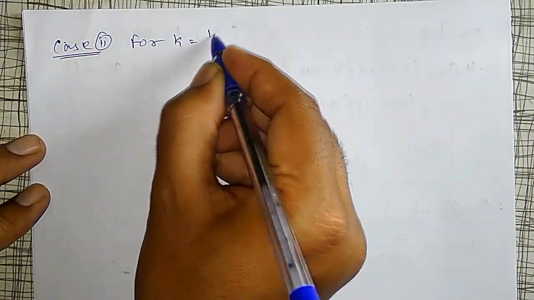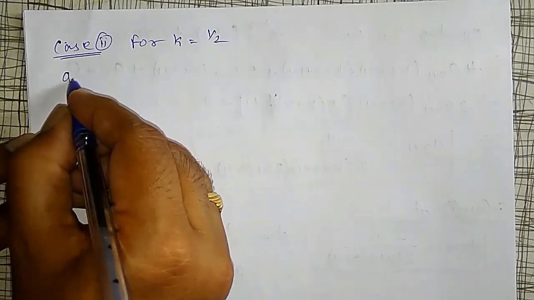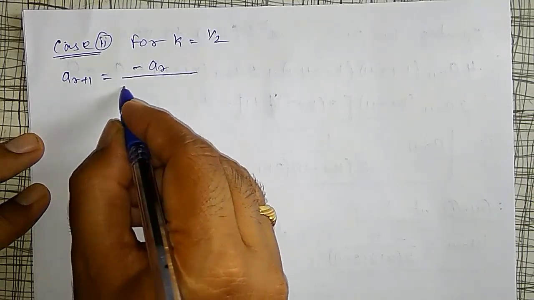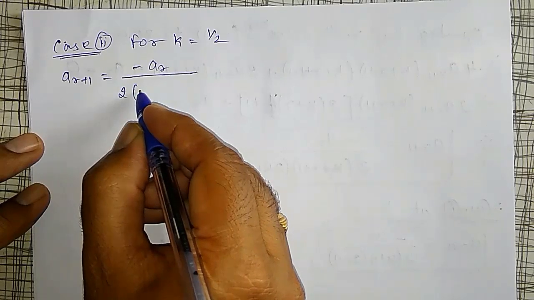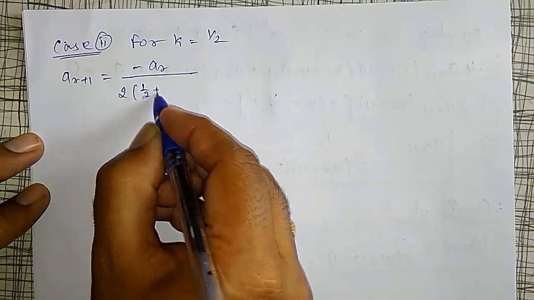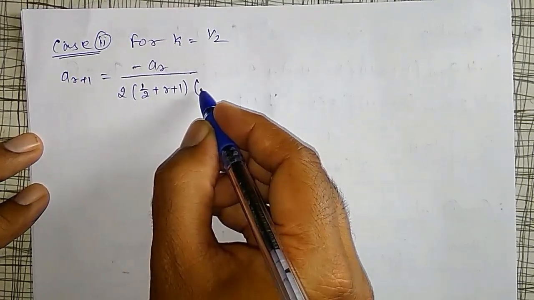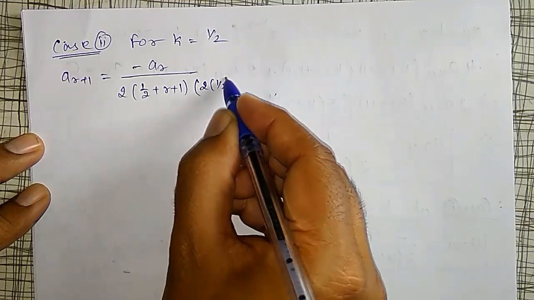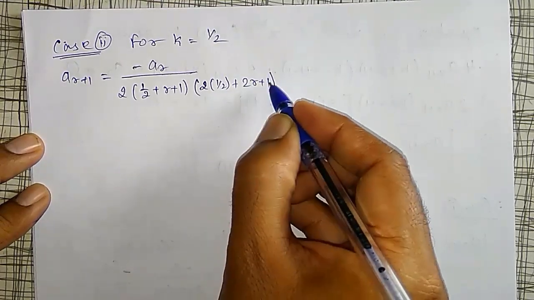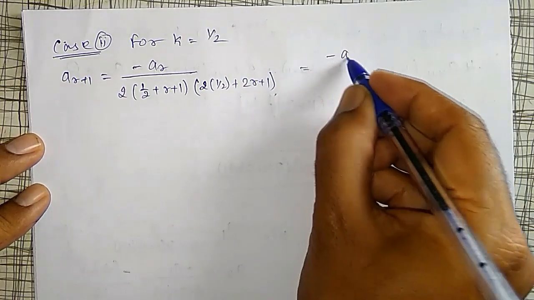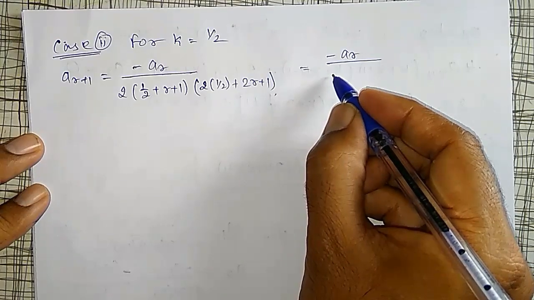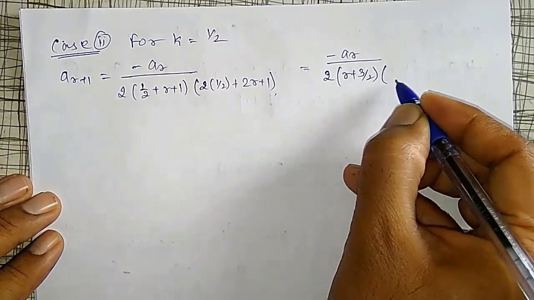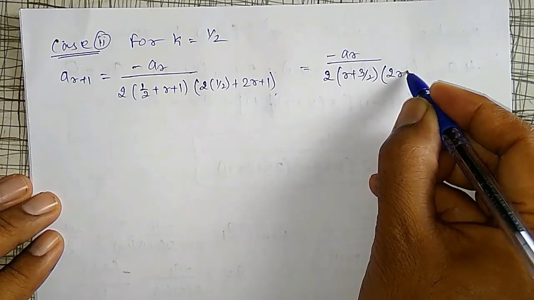For k equal to 1 by 2, ar plus 1 will become minus ar divided by 2 times r plus k, which is 1 by 2, plus r plus 1, and the next one is, k value I have to substitute 1 by 2, that is 2 into 1 by 2 plus 2r plus 1, which is equal to minus ar divided by 2 times r plus 3 by 2 into 2r plus 2.